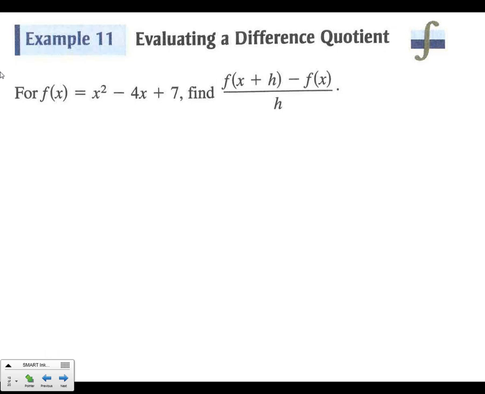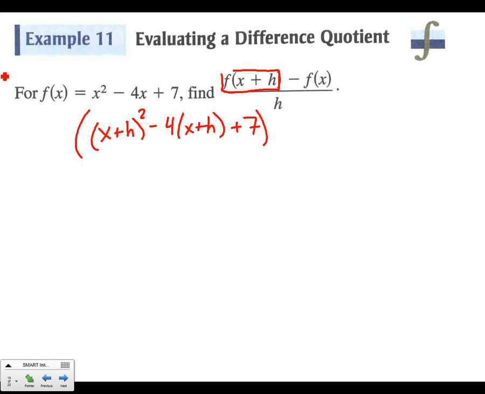So let's figure out how this works. They're going to give you a formula. You need to plug it in. F of x plus h, that's our first portion right here. We're going to plug in x plus h everywhere we see x. So x plus h squared minus 4 times x plus h plus 7. That's our first piece.